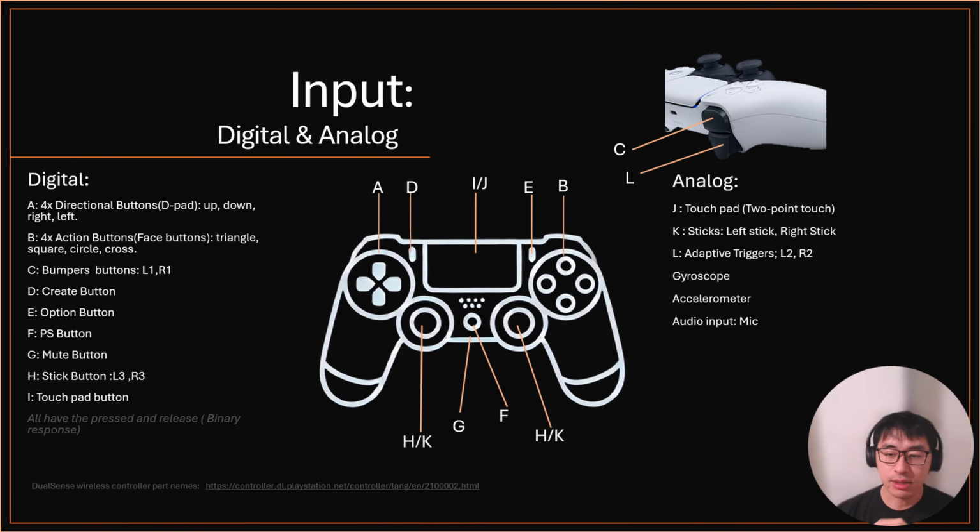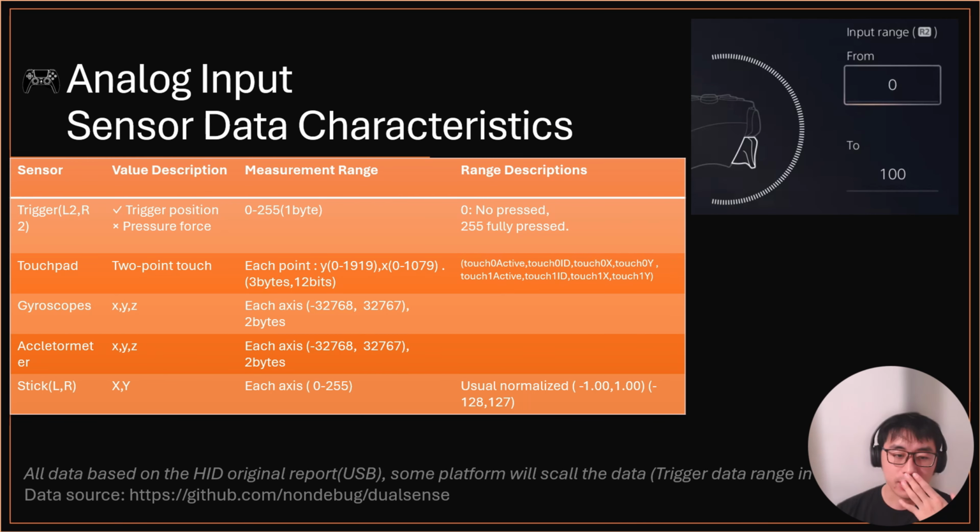For the analog, they have more data to show more detail. Let's talk about the analog. We have the trigger, which can detect the position of your finger over the whole press, or distance. 0 means not pressed, and 255 means fully pressed.